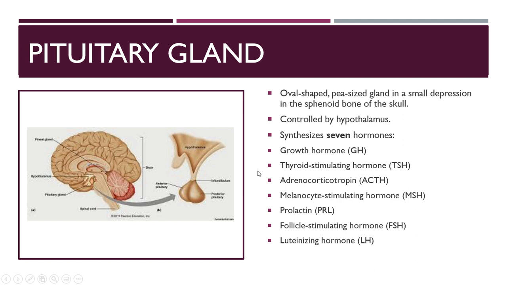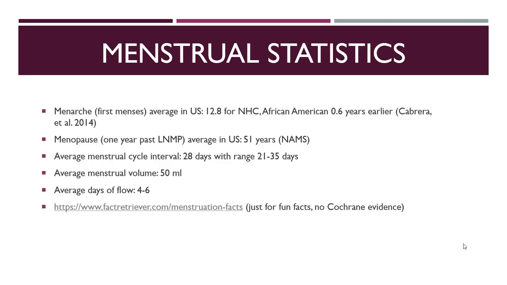Not the 7 dwarfs, but the 7 hormones, okay? Most of them are pretty important to us. And they all are stimulated here, most of them by a negative feedback system.